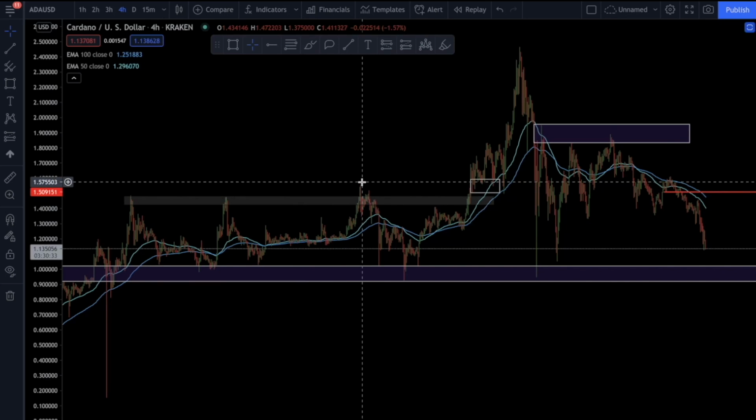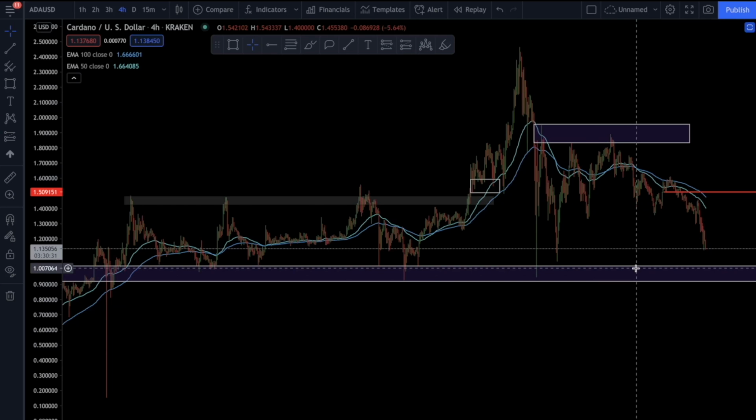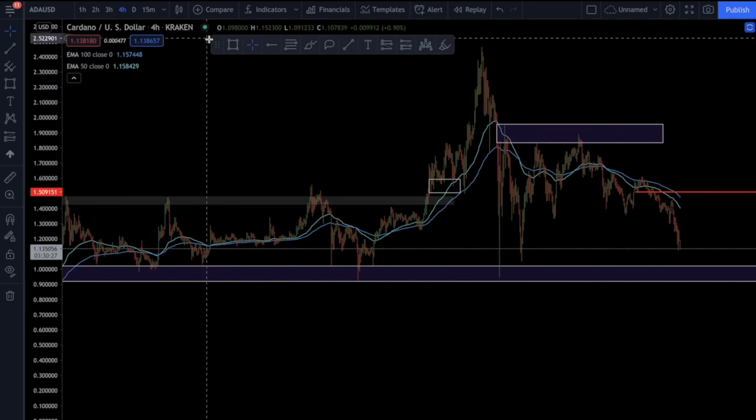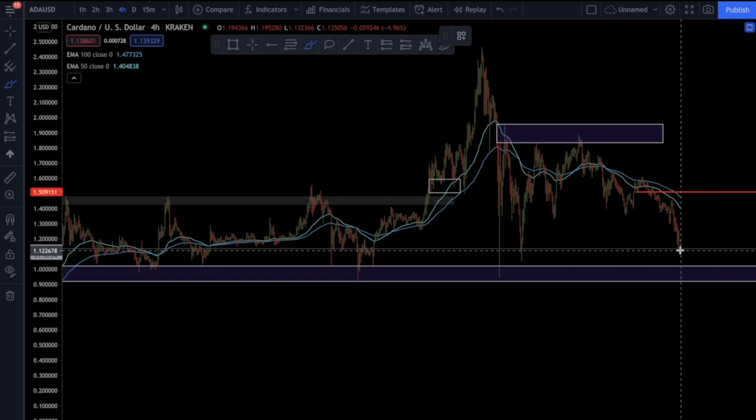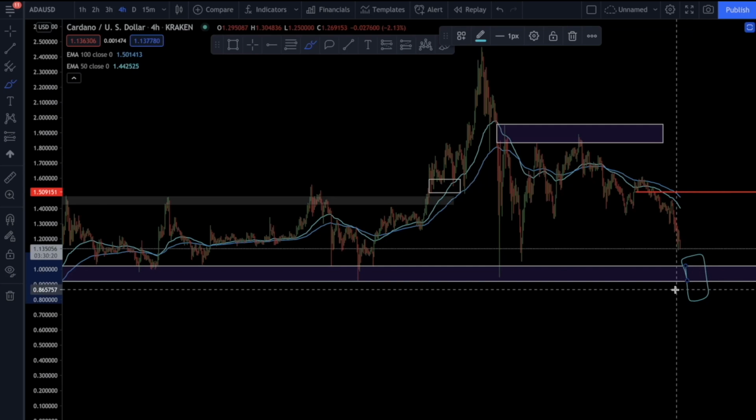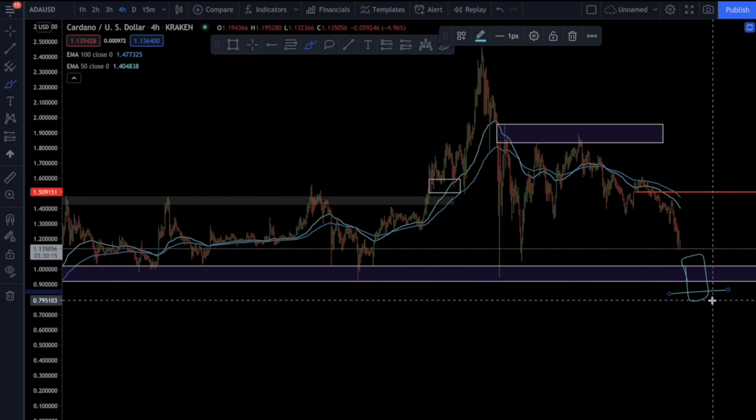Like in this example over here, this support level will be breached by the price only when a candle forms below it. When a solid candle is formed and finished below this zone, this support will be breached by the price.